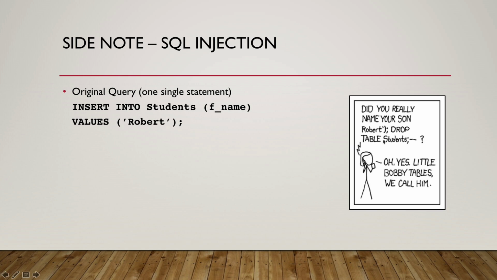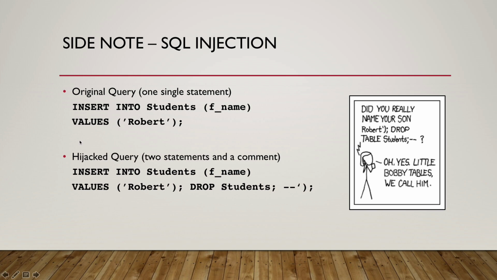What happens when we insert her son's name? Well, the query becomes quote-unquote hijacked. It gets split into two statements instead of just one. So insert into students fname values Robert. That looks the same, right? And then all of a sudden there's this extra bit, drop students. This is an SQL statement that says delete the entire table students.